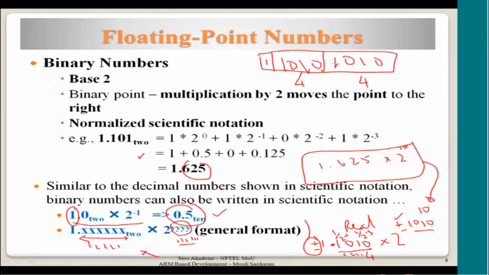Assume I missed out one more sign bit for this exponent portion. In this case it is positive, so it will be 0, and in this case also I have given you a positive number, so I will write 0 here. Then how many bits have you taken? Here 1 bit. So 4 plus 4, 8, plus 2, 10 bits. If I give you that, then you can represent some real number which goes up to 1 point some value into 2 power 10. It's quite a big number, right?